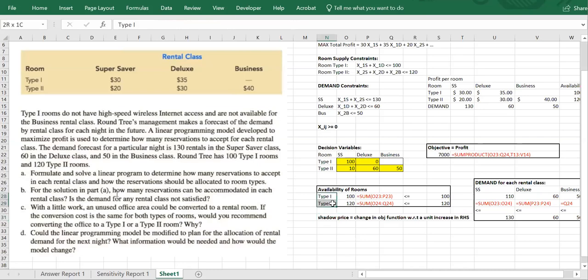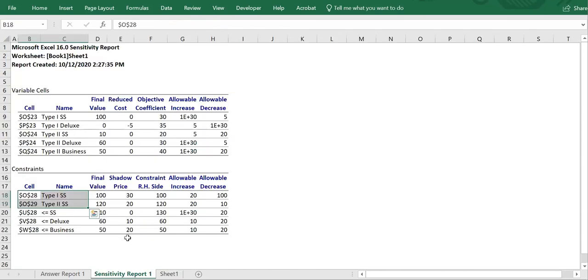Type 1, it's because of this, but I'm going to call that type 1 availability, type 2 availability.